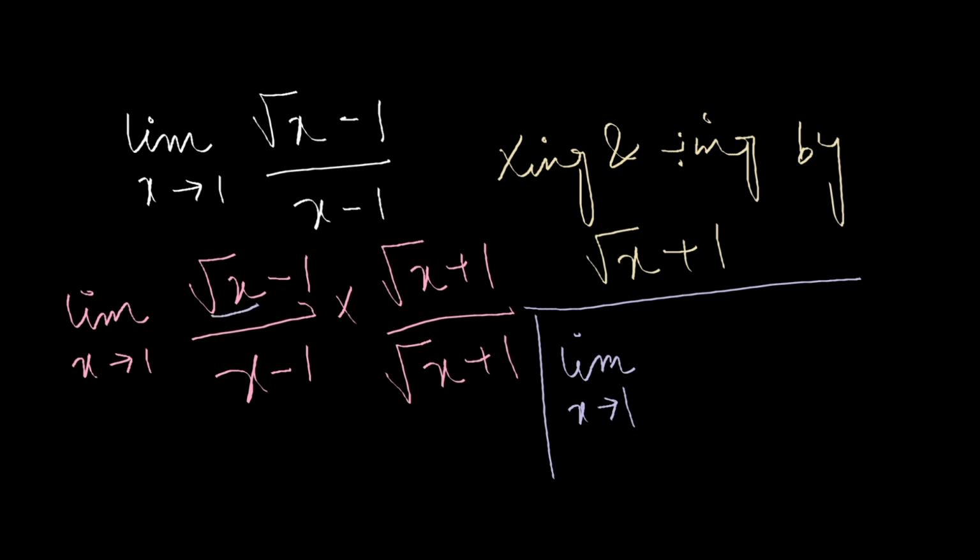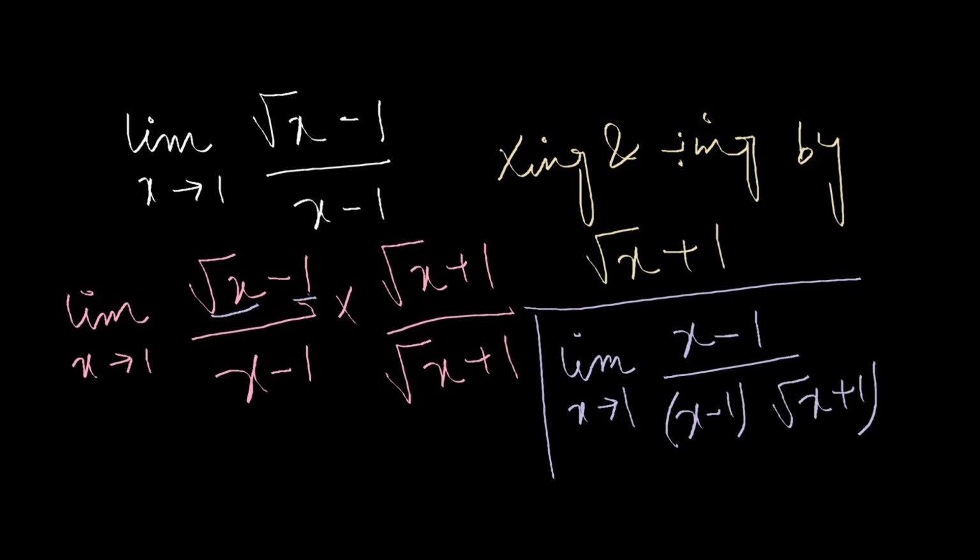So a square, under root x square is equal to x, and minus b square, so 1 square is basically 1, divided by x minus 1 into under root x plus 1.